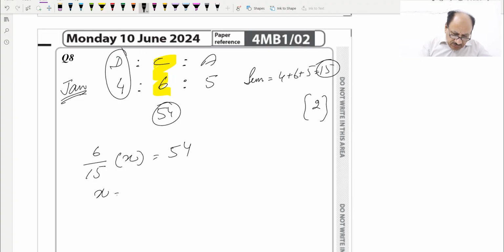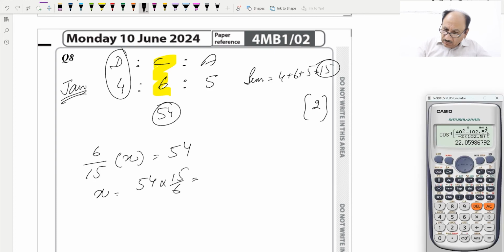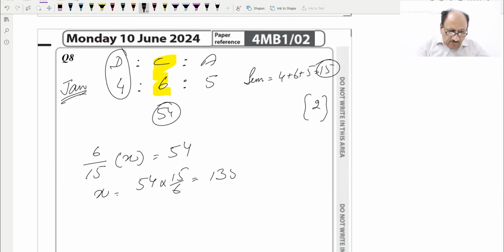So X will be equal to 54 into 15 over 6, and we can calculate this. This will be 54 multiplied by 15 divided by 6 is equal to 135. So 135 will be X value.